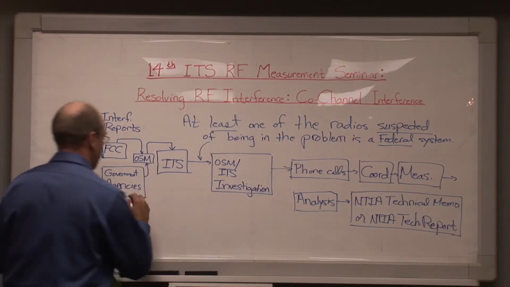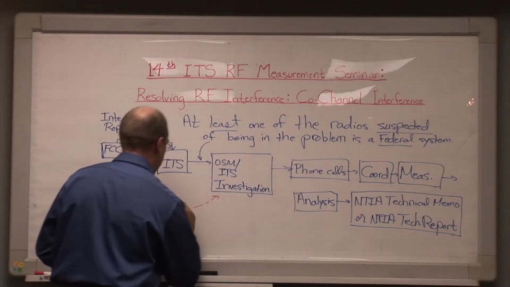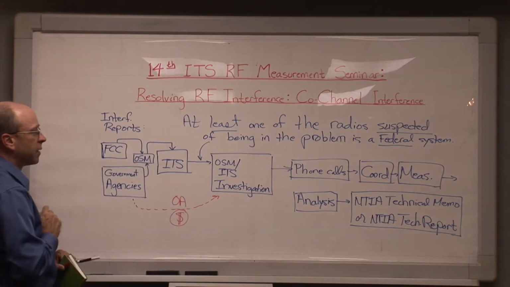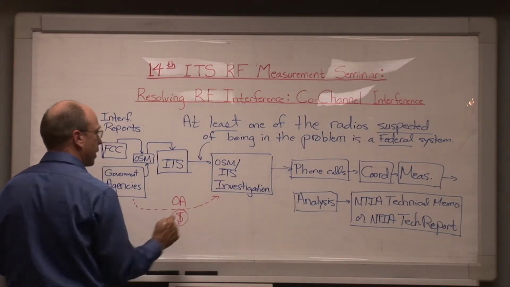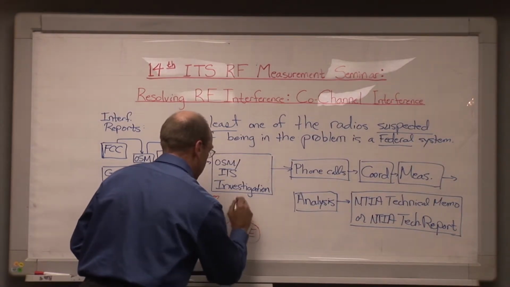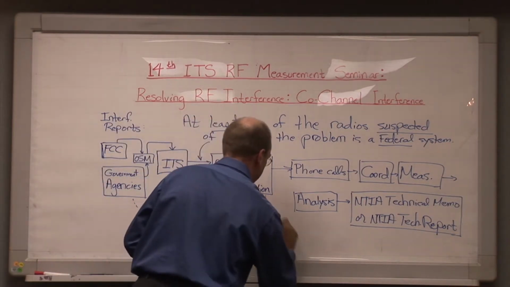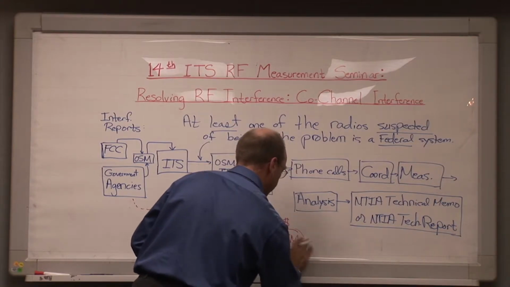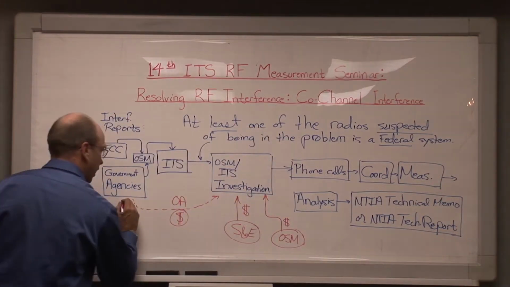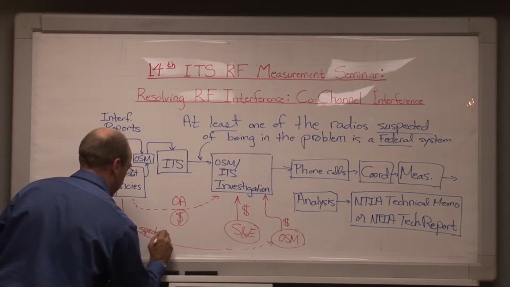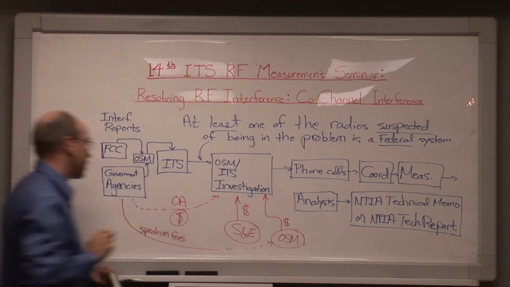The funding, the dollars, can either come directly from a U.S. government agency that puts together an other agency agreement, an OA agreement, directly with ITS/OSM, or the funding may come from our S&E funds, or the funding could come via the Office of Spectrum Management itself, via basically the spectrum fees, which I'll draw here, via the spectrum fees that the federal agencies pay to NTIA on a yearly basis.